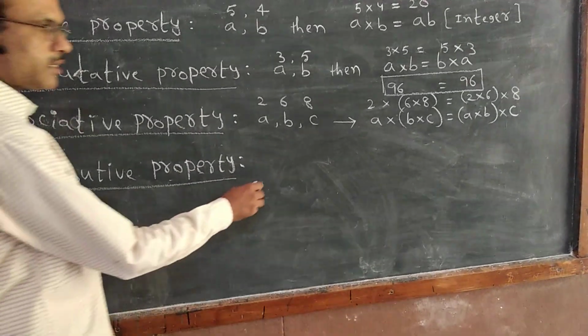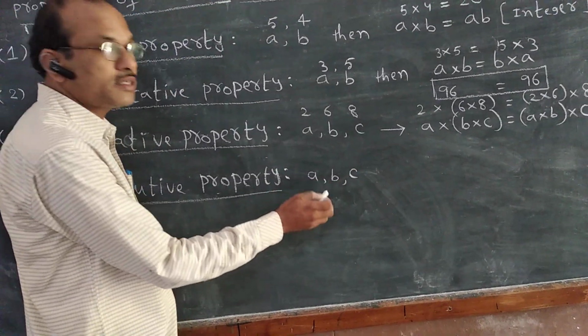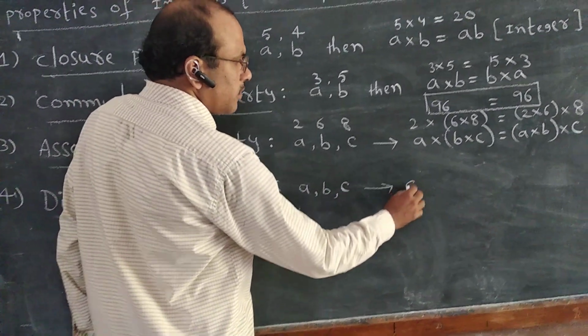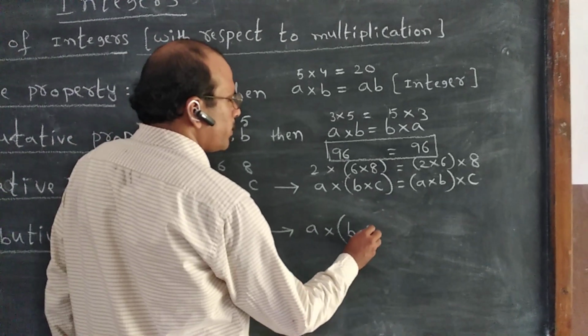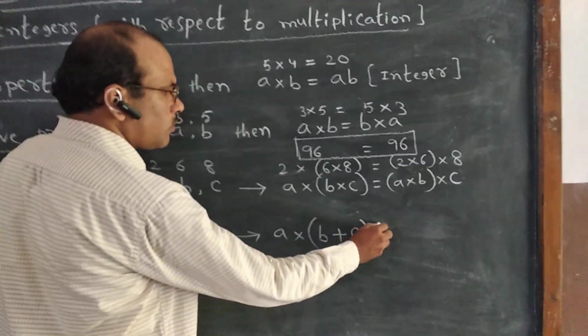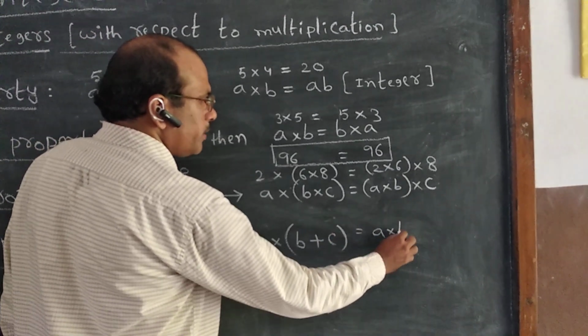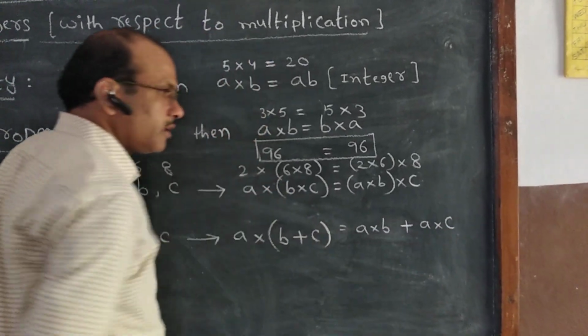Let us see that. Take a, b, c as any three integers, then a into b plus c is equal to a into b plus a into c.